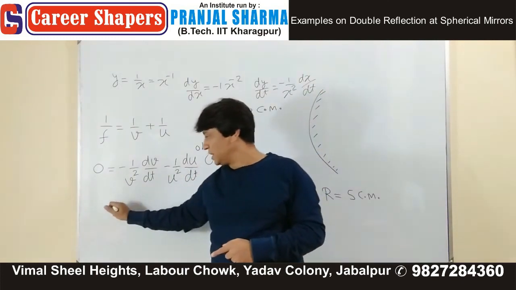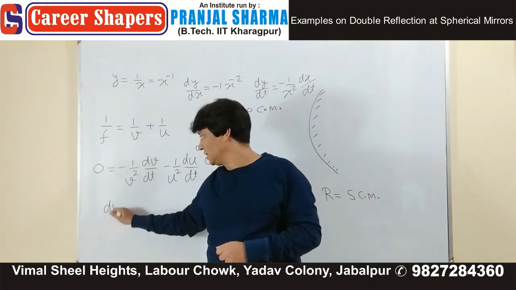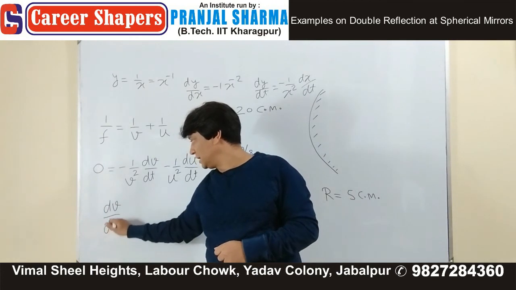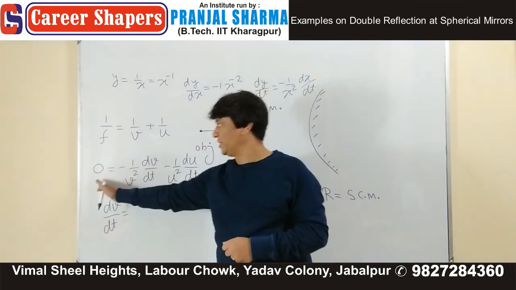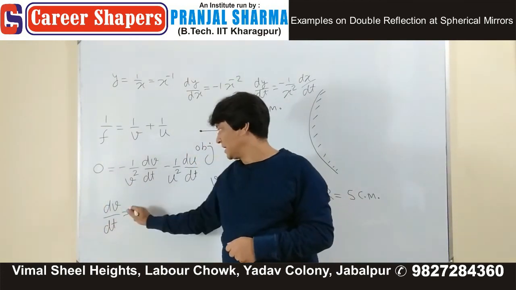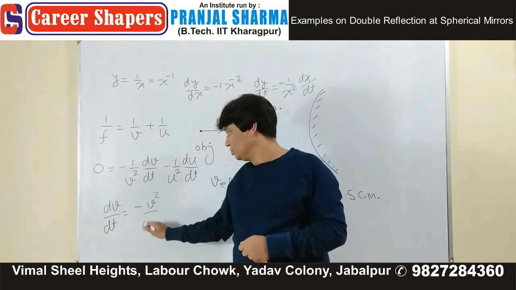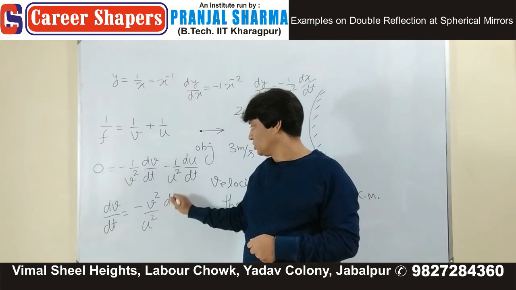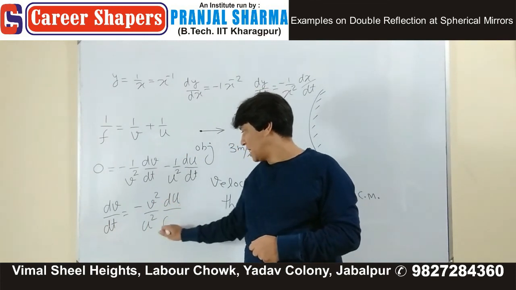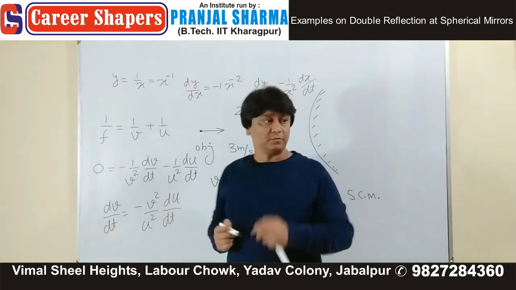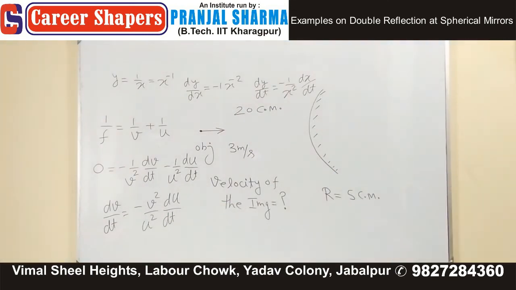So we need dv by dt. Shift, you get a negative sign, transfer: dv by dt equals minus v square upon u square into du divided by dt.